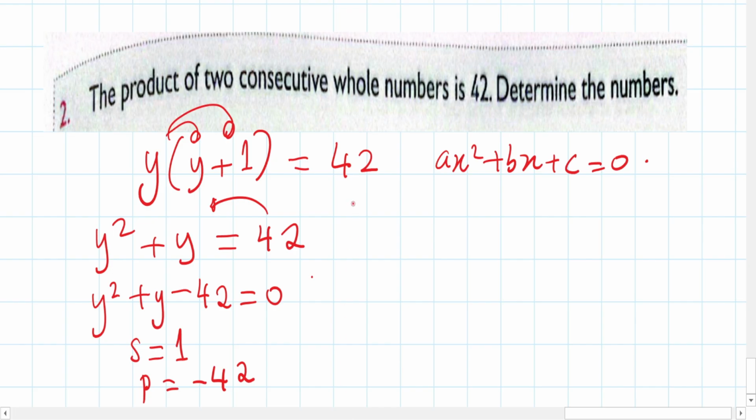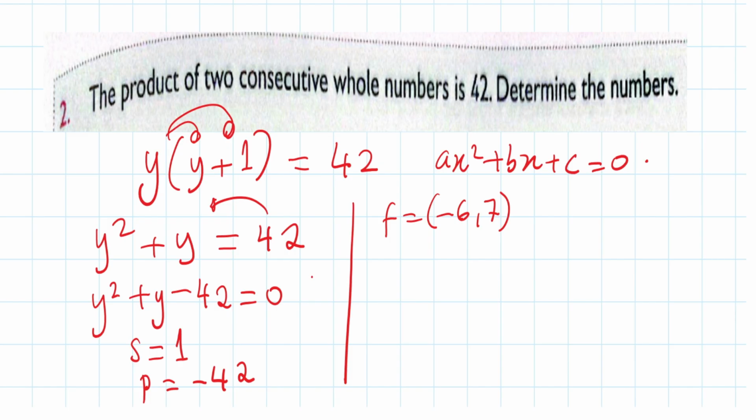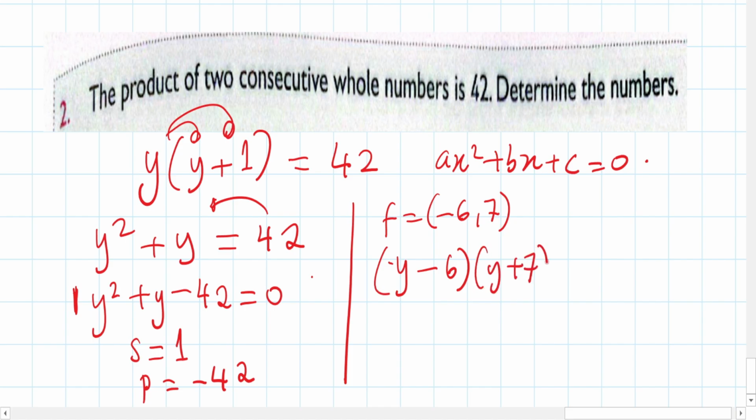So how do you solve for such a question? Obviously, the same thing that we did. The two factors are going to be negative 6 and 7, because if you add the two, it's going to give you positive 1, and if you multiply the two, it's going to give you negative 42. So again, if the coefficient of y squared or x squared is 1, then the easiest way is this: y minus 6 and y plus 7, which is equal to 0.